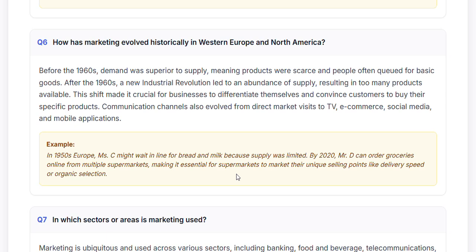By 2020, Mr. D can order groceries online from multiple supermarkets, making it essential for supermarkets to market their unique selling points like delivery speed or organic selection. Yeah, that is how the market evolved.